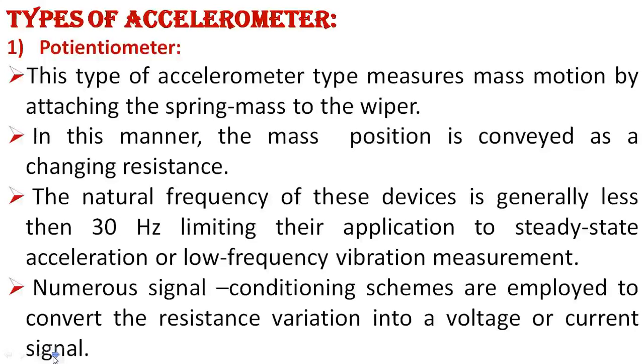In this manner, mass position is conveyed as a changing resistance. The natural frequency of these devices is generally less than 30 Hz, limiting their application to steady state acceleration or low frequency vibration measurement. Numerous signal conditioning schemes are employed to convert the resistance variation into a voltage or current signal.